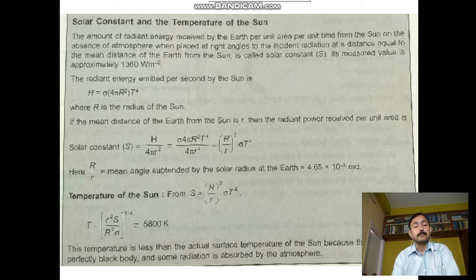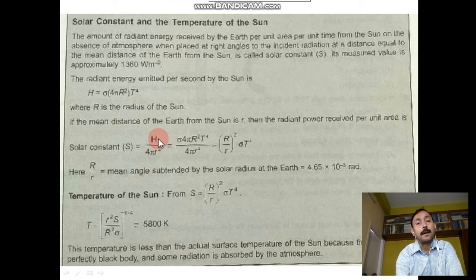The radiant energy emitted per second by the sun is H is equal to sigma times the area of the sun's surface, which is 4 pi capital R square, where R is the radius of the sun, into T^4. If the mean distance from the earth to the sun is small r, then the radiant power received per unit area is the solar constant, S is equal to H by 4 pi small r square.